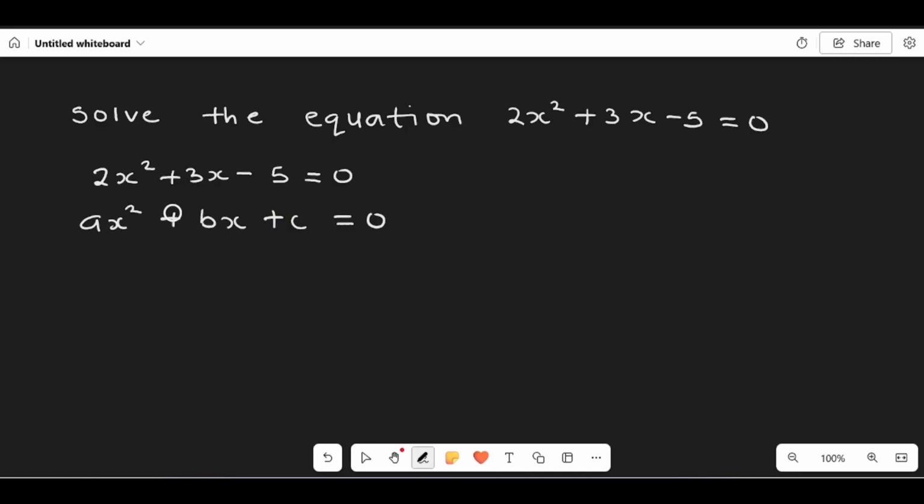If we compare these two equations, our a equal to 2, our b equal to 3 and our c equal to minus 5. A equal to 2, b equal to 3 and c equal to minus 5.